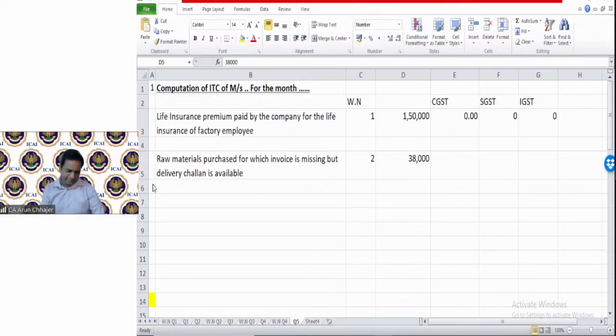Can you please tell me any other document instead of the tax invoice? Suppose in place of the tax invoice, can you tell me one more document which is a valid document for ITC?